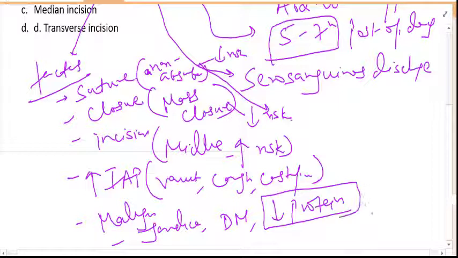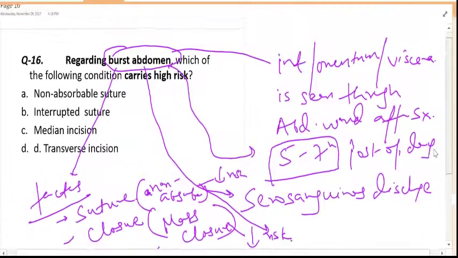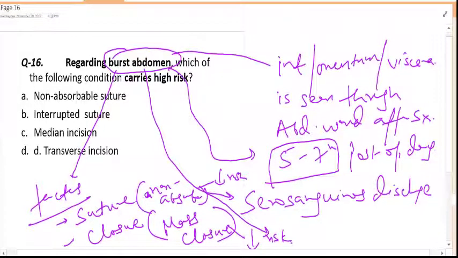It is very important feature. Anemia, immunocompromised, so all those things which will lead to impaired wound healing will cause this also. In our option, high risk is there in the median incision. Interrupted suture, low risk. Non-absorbable, low risk. Transverse incision and paramedian has low risk. Median, that is the midline incision, has a high risk of a burst abdomen.